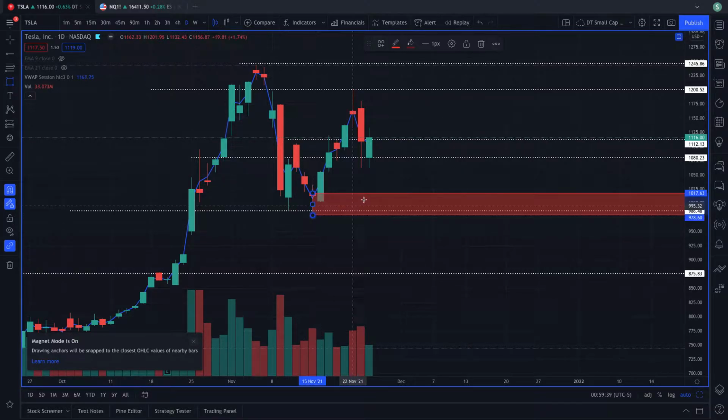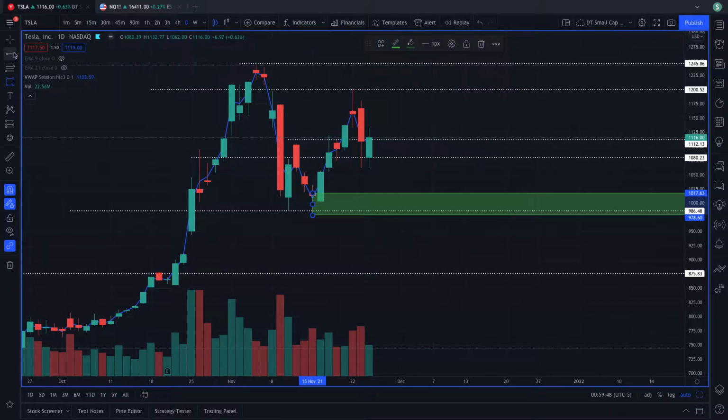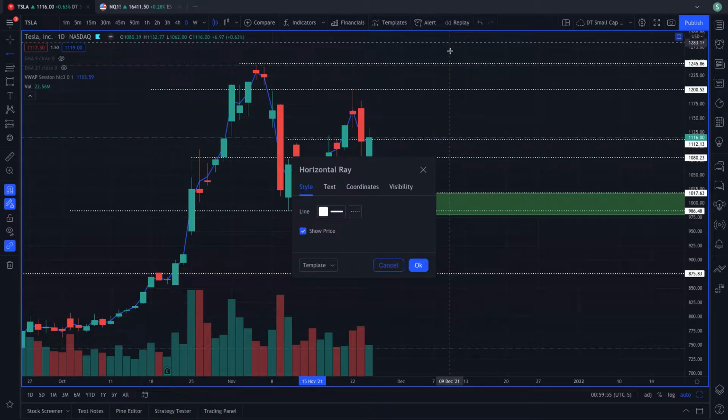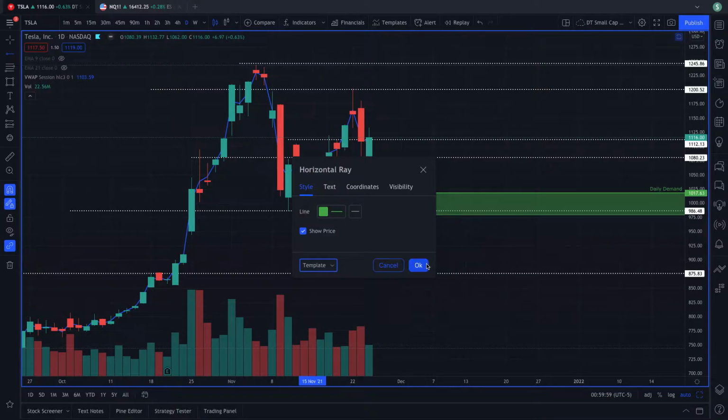Drop, base, rally. Demand zone. I will also label this as a daily demand zone. We're not even close to it, but just in case we come down to it, then I know that I can react. Daily demand marked.